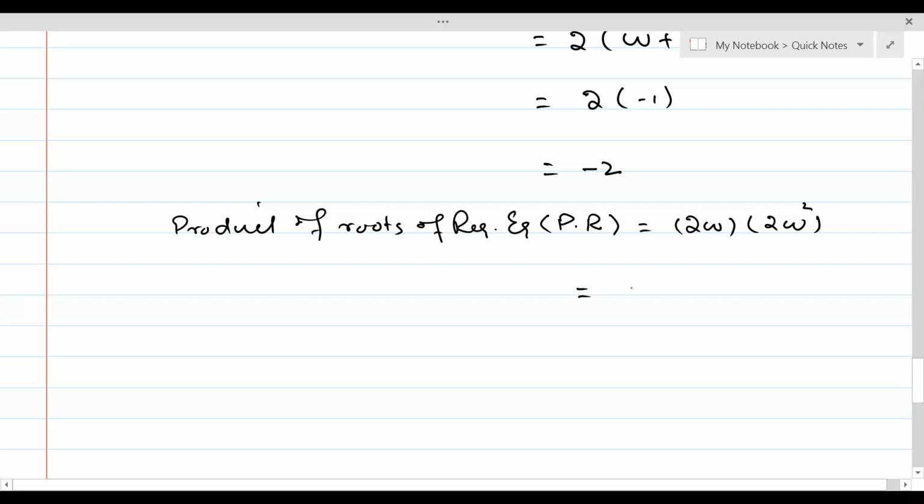This is equal to 4 omega cube. But because omega cube is equal to 1, this will be 4 times 1 equal to 4.